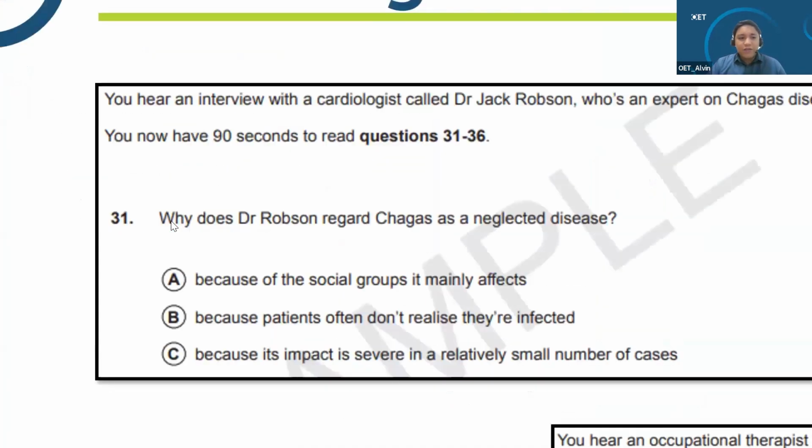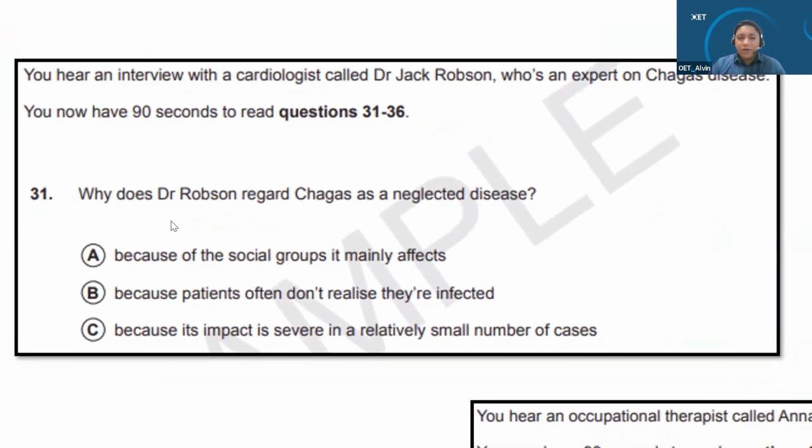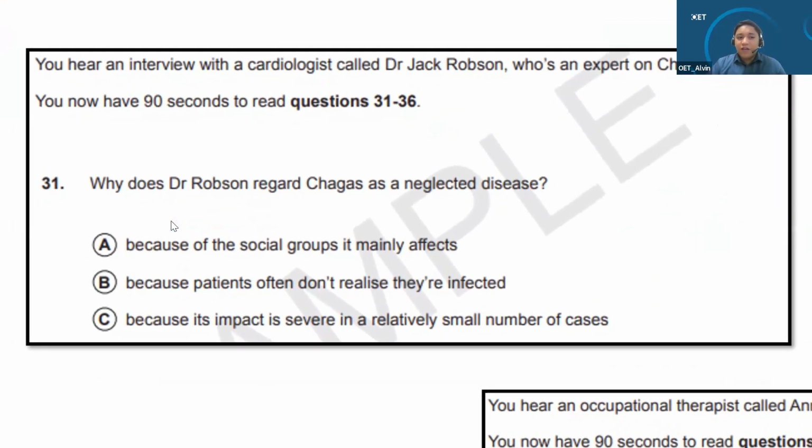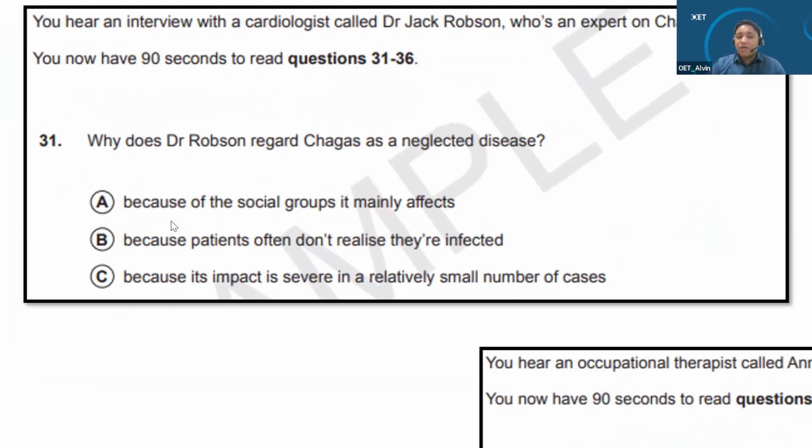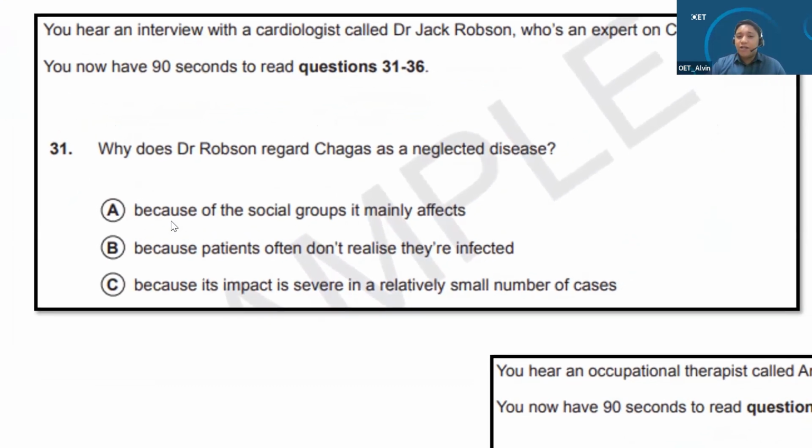So this is what it looks like. It's a little bit like part B, but you have the context. You hear an interview with a cardiologist called Dr. Jack Robson, who's an expert on Chagas disease. And then: you now have 90 seconds to read questions 31 to 36. This is more of an instruction rather than a question. There will be several questions for each 5-minute presentation.